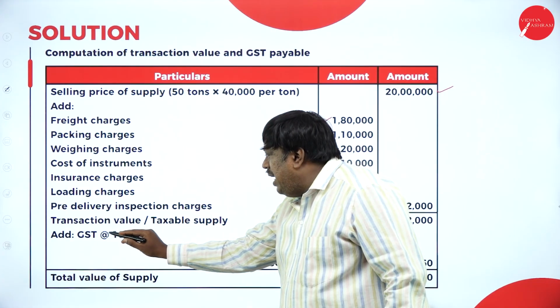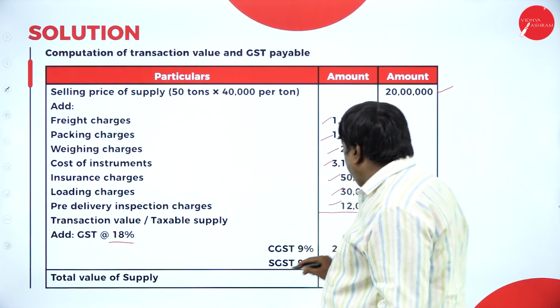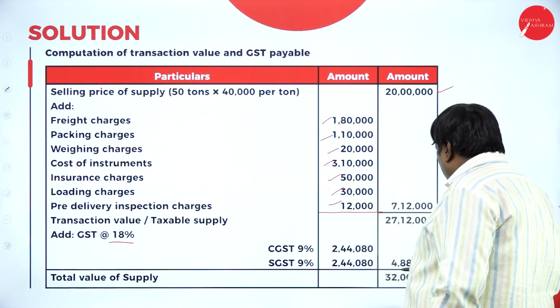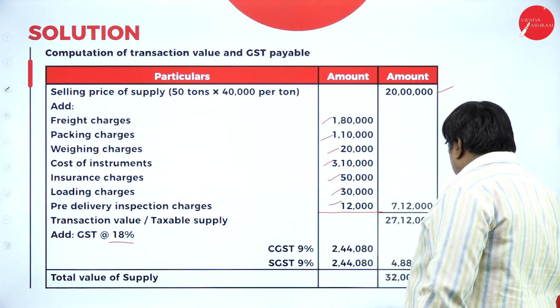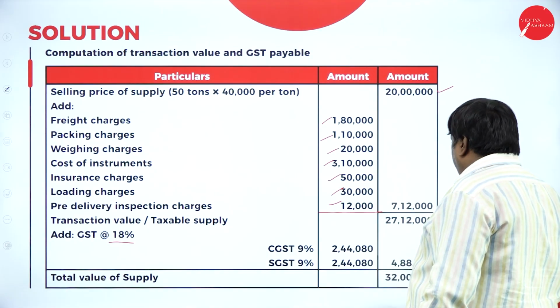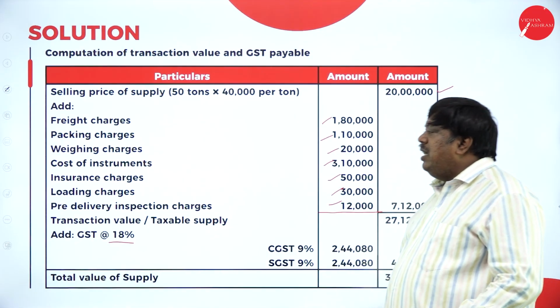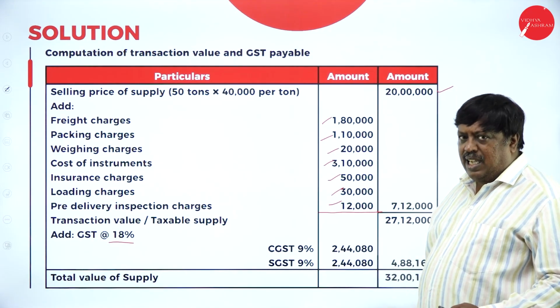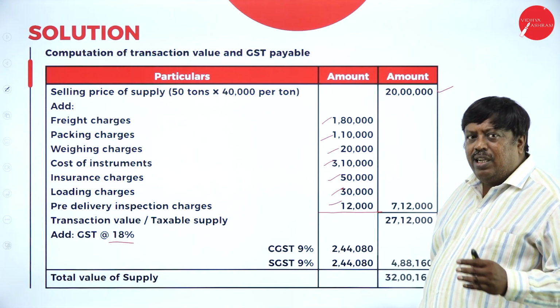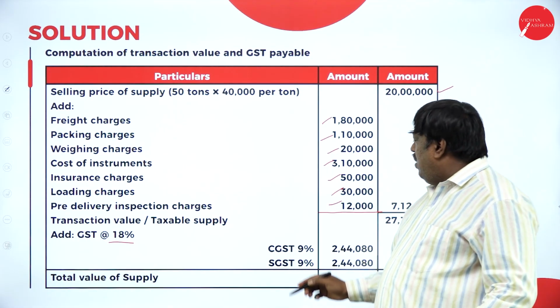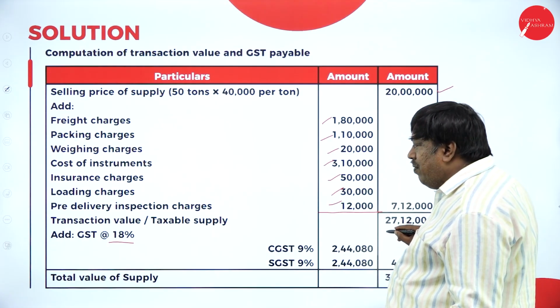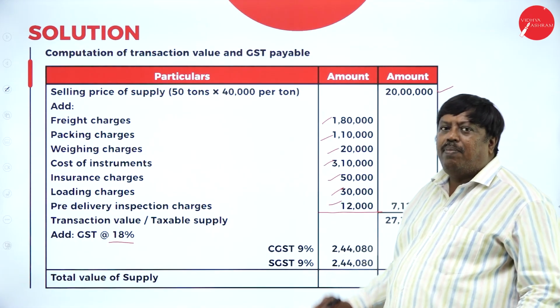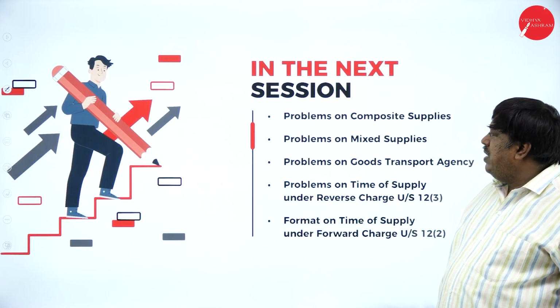Directly add GST at 18%, that is 9% each, 4 lakh 88,160. 32 lakh 160 is the value of supply. In this problem they have not given us discount, so there is no need to deduct the discount, and whatever amount we got here will be treated as transaction value or taxable supply of the goods or services.